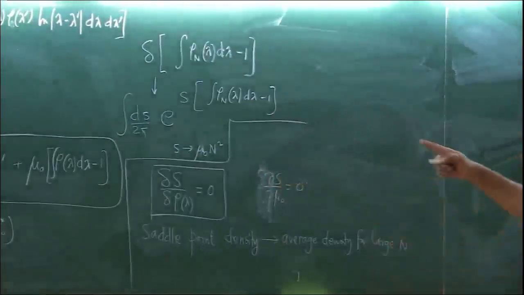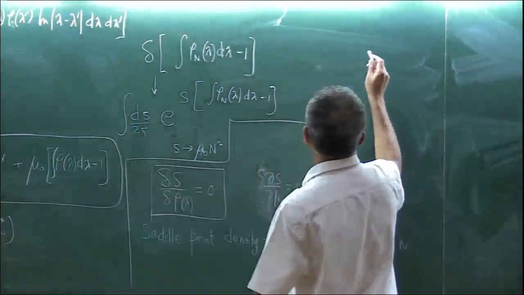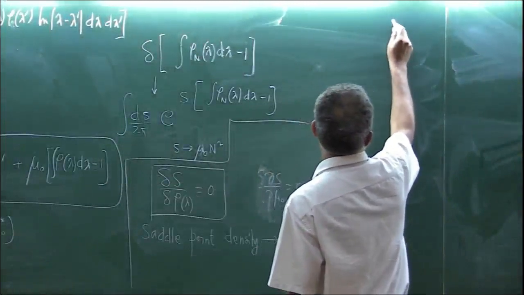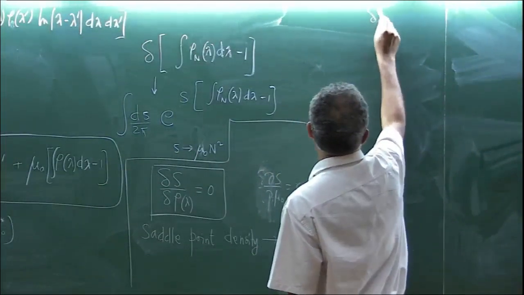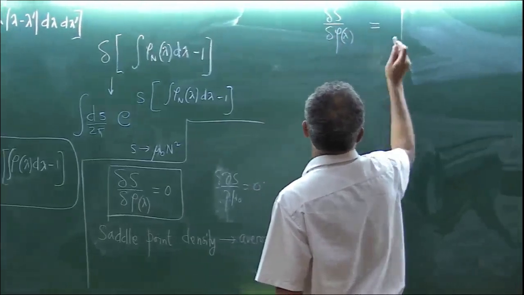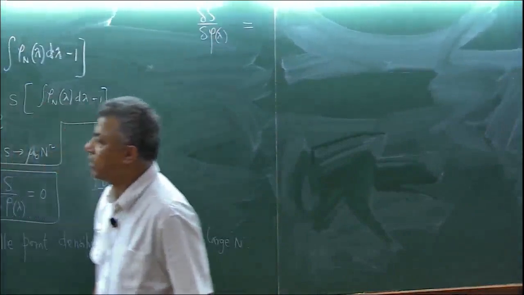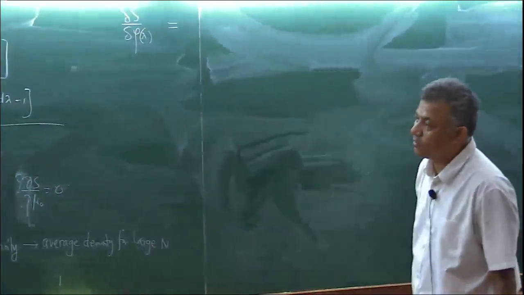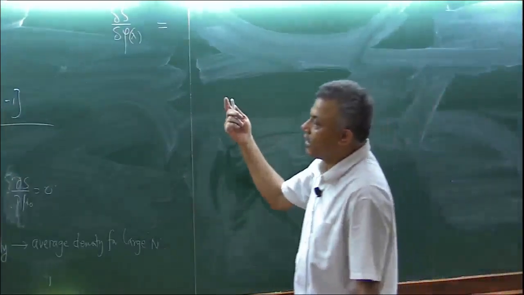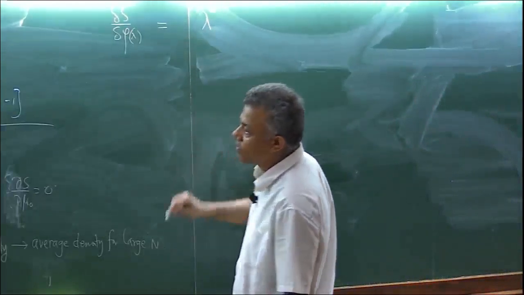Okay, so let's take a functional derivative of that. So del S del rho lambda gives me what? Tell me, I want to evaluate this. What's the first term from here? Think of a discrete sum. If you take a derivative with respect to rho of lambda, it gives you lambda square, right?